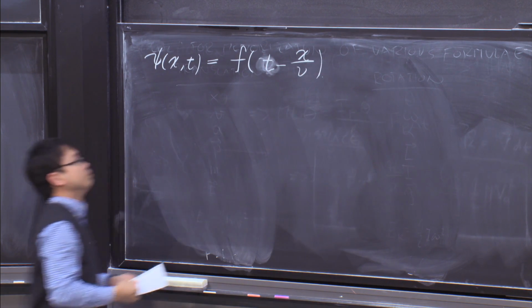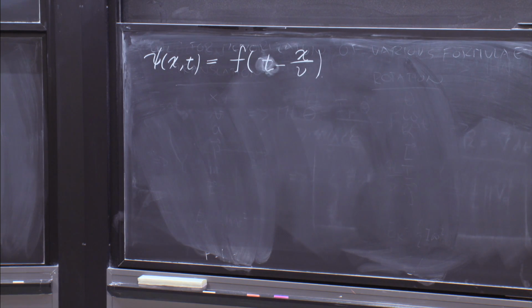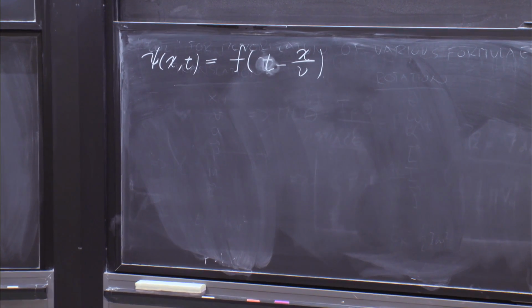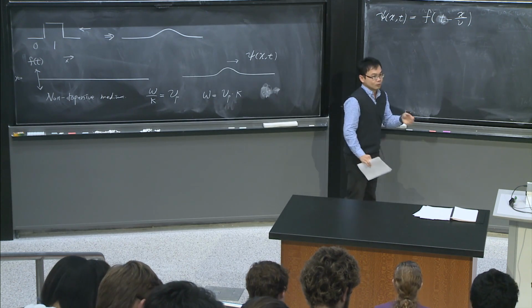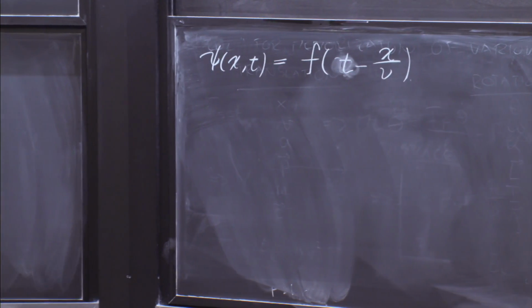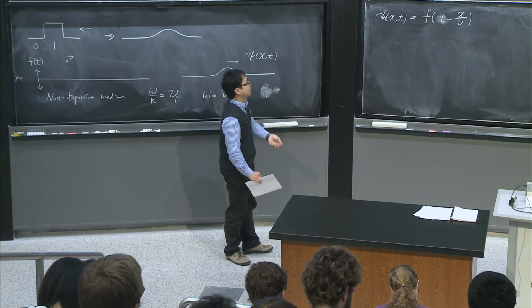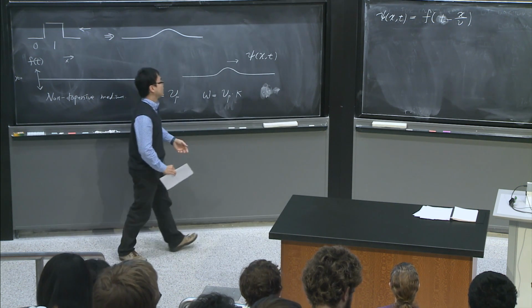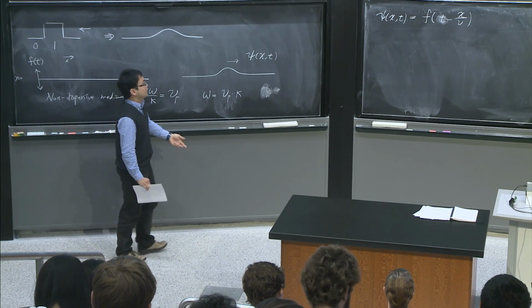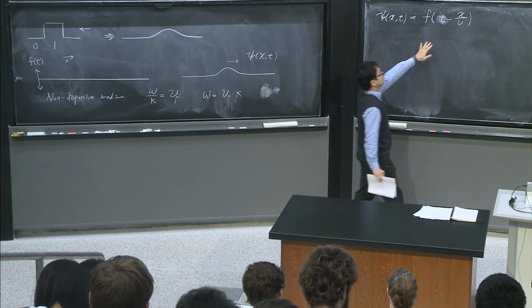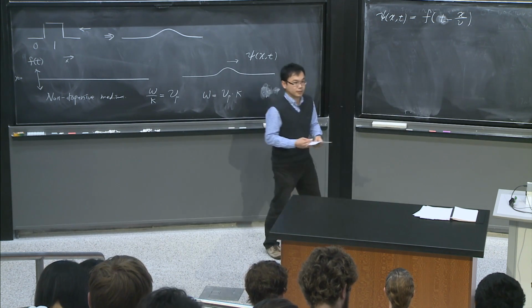Just remember f describes how I shake one end of the string. My hand is generating the shape of the pulse as a function of x and of time, and it can be described by a really simple formula here.